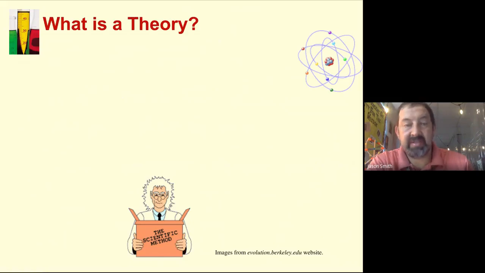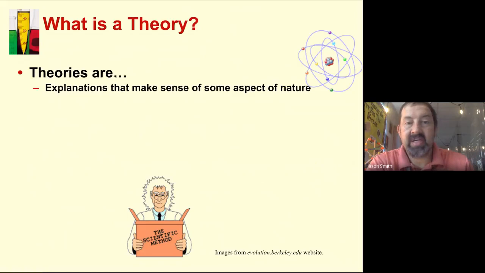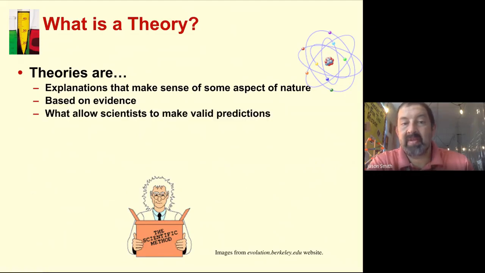What is a theory? Well, theories are explanations that make sense of some aspect of nature. They're based on evidence, which allows scientists to make valid predictions about what's going to happen.